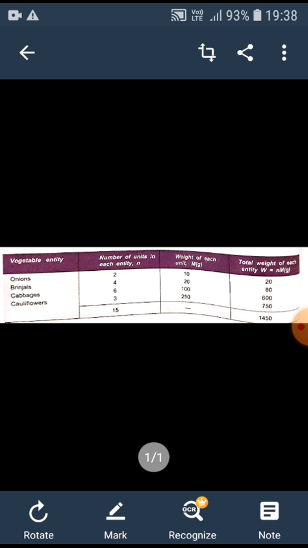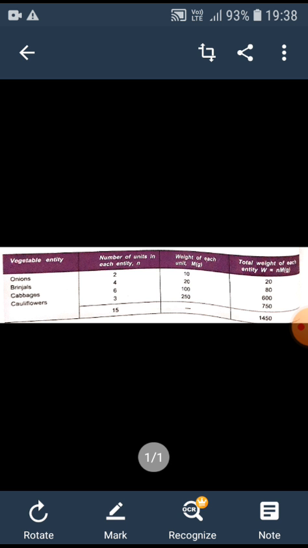Similarly, the weight fraction of brinjals, cabbages and cauliflowers will be their weight present in the basket divided by the total weight, and that will be for brinjals 80 divided by 1450. For cabbages it will be 600 divided by 1450, and for cauliflowers it will be 750 divided by 1450.